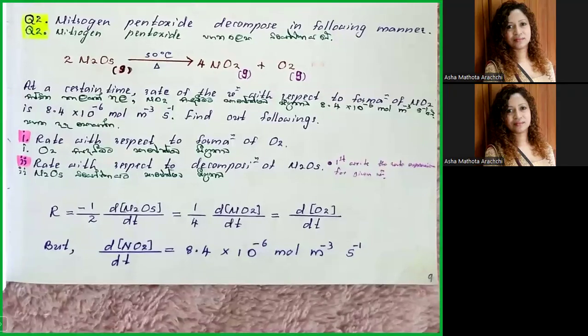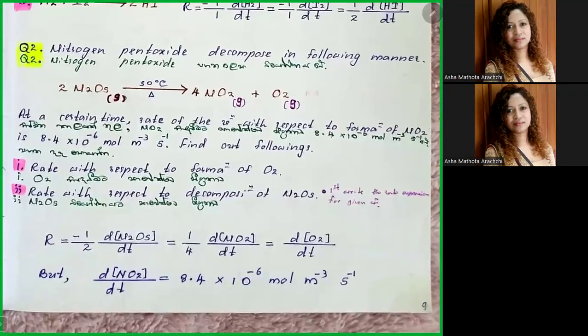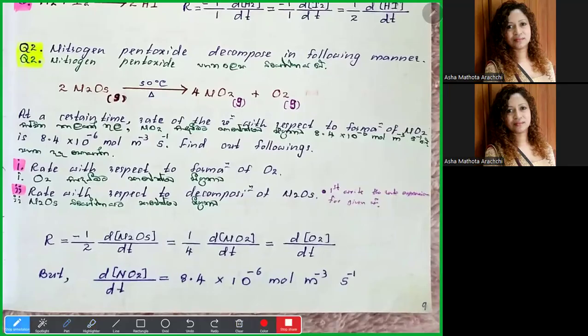Okay, so question number 2, chemical kinetics. This is nitrogen peroxide and this is a reaction, and they are saying the rate of the reaction with respect to formation of NO2.